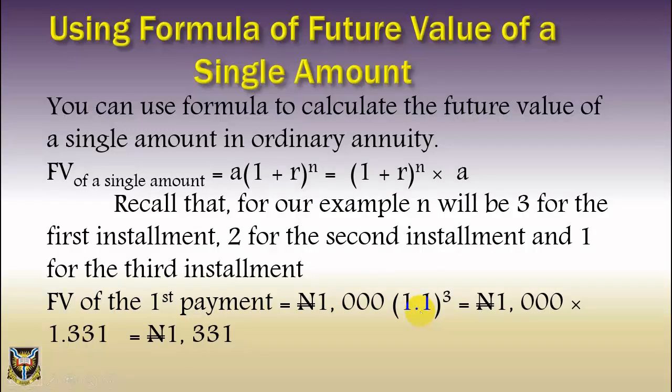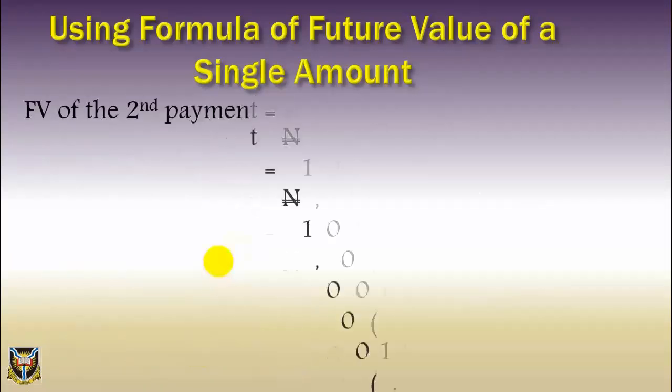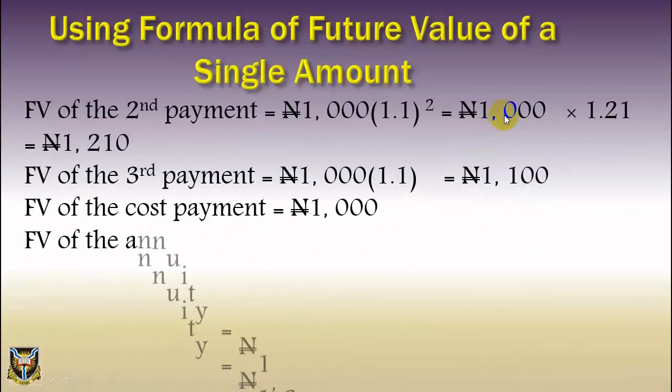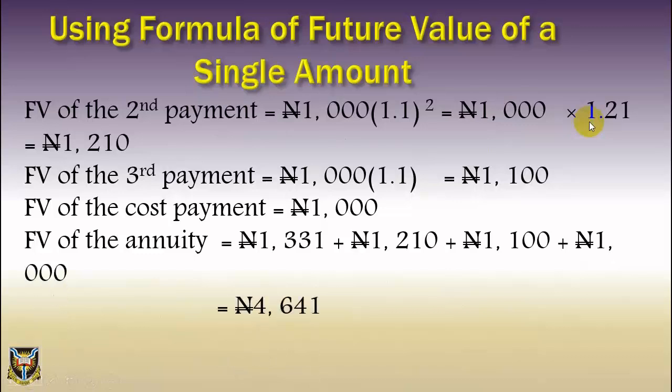FV of the first payment is equal to 1,000 naira into 1.1 raised to power 3, which is equal to 1,000 naira times 1.331, which is equal to 1,331 naira. FV of the second payment is equal to 1,000 naira into 1.1 raised to power 2, which is equal to 1,000 naira times 1.21, which is equal to 1,210 naira.